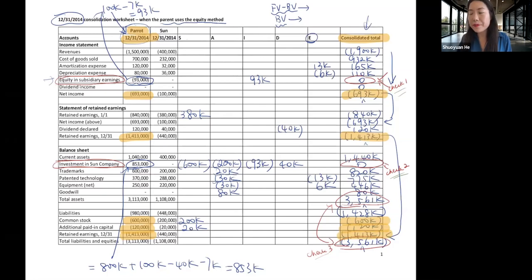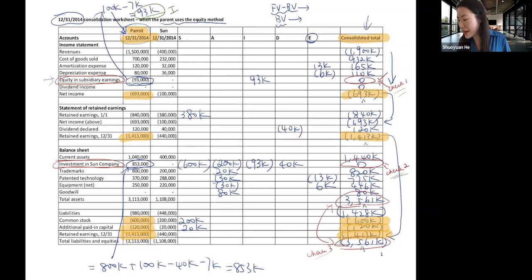And do you know, the subsidiary net income recognized by the parent is reversed by consolidation entry I. That's why after consolidation, you shouldn't see any equity in subsidiary income.